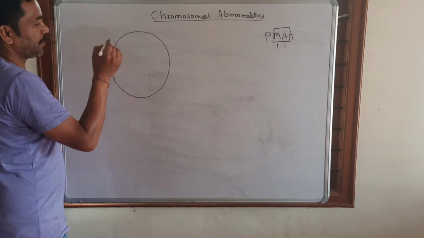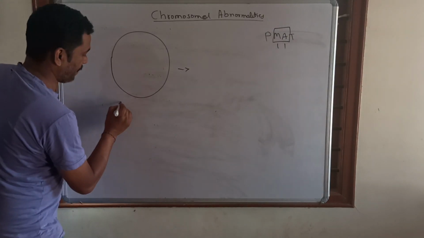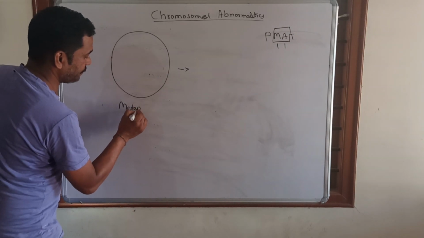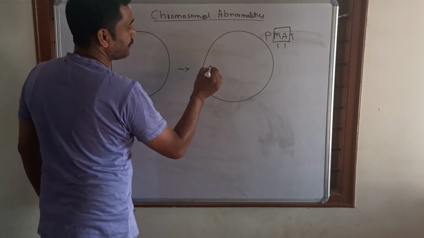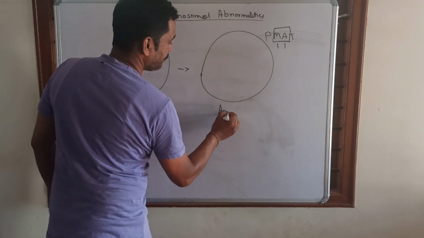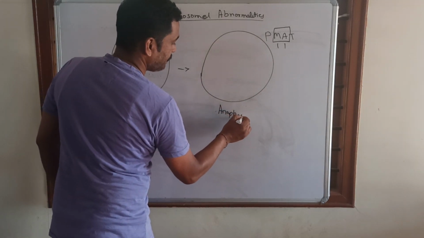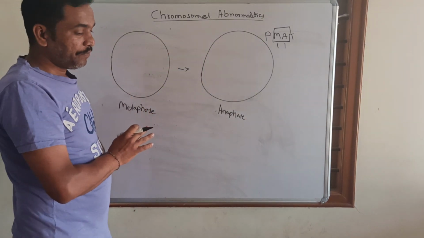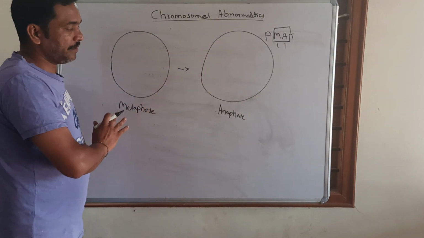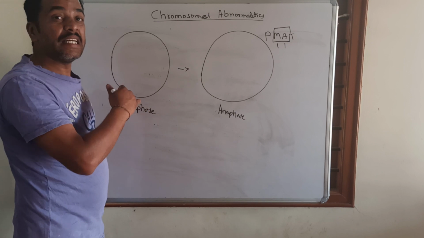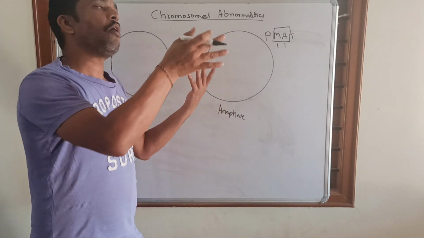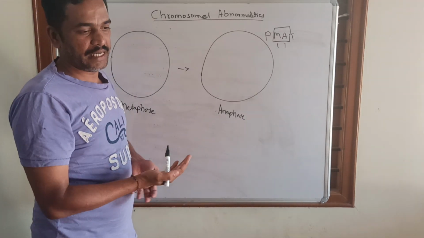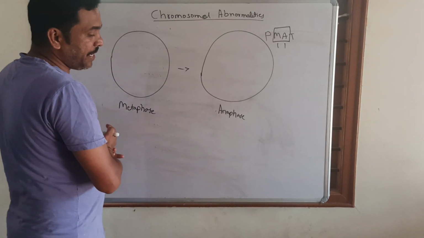Suppose this cell is in metaphase. Similarly, the same cell is in anaphase. These are the 2 important steps in cell division, whether you consider meiosis 1 or 2, or normal mitotic cell division in humans.